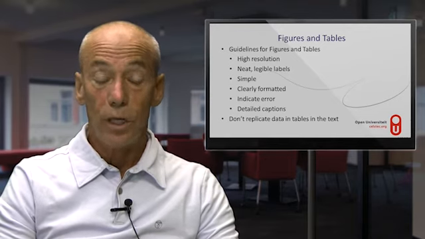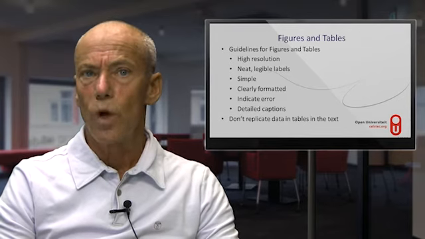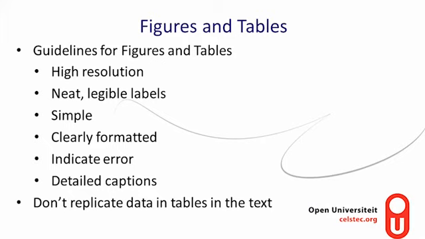Keep them simple. Keep them clearly formatted so that everyone knows what the different aspects of your table or your figure is. Indicate sources of error within it, and give detailed captions.